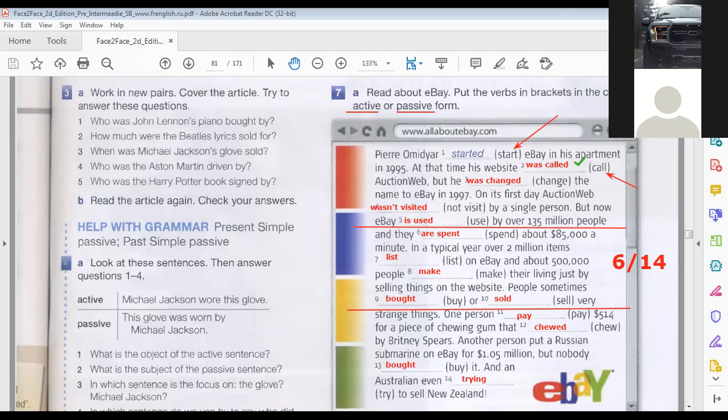But after that, what does it say? But he was changed the name to eBay in 1997. Wrong. He changed. That's correct. This one is wrong. But why do we use changed? We know who changed.